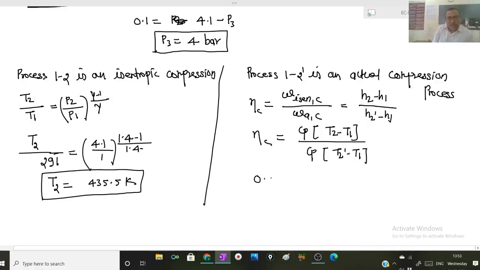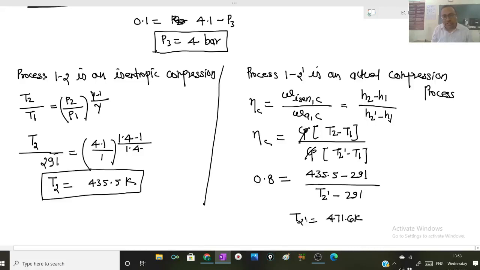So isentropic efficiency of compression is 0.8. T2 is 435.5 minus 291 over T2 dash minus 291. So T2 dash comes out 471.6 Kelvin.